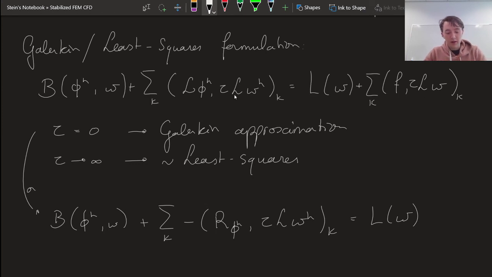Right, and this is again our residual-based stabilized term with the residual of the coarse scale, so the residual of the finite element formulation, the stabilization parameter tau, and our stability operator L_stab being equal to minus the original differential operator of the problem.